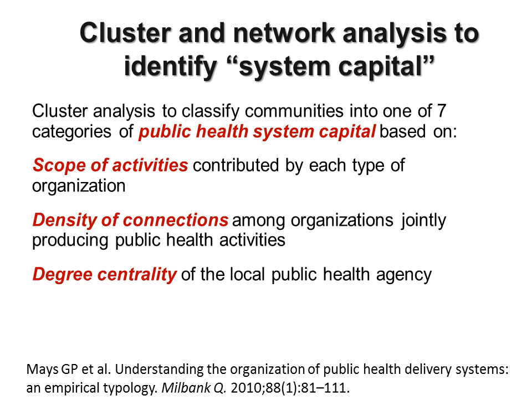The scope of activities contributed to by each system member, essentially, what do these system members do of our 20 population-based preventive service-related activities we're looking at? How dense are the connections between these organizations that jointly engage in these activities? And then how central is the local public health agency to the delivery of these services?